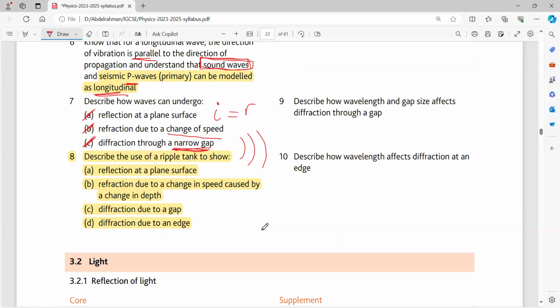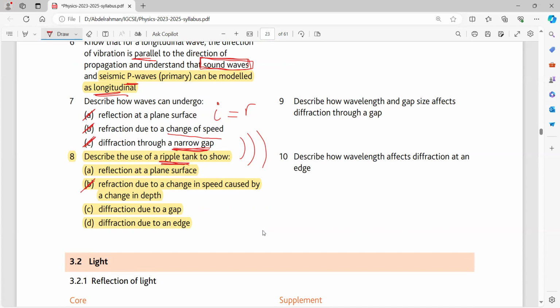Describe the ripple tank to show refraction. This is one of the lesser known questions. If I have a ripple tank with some water, I want to show reflection and refraction. We know the refraction of waves in liquids.